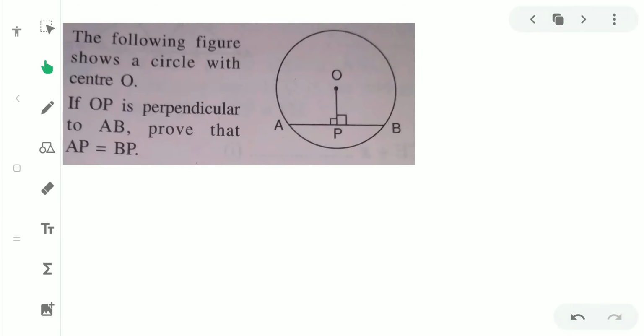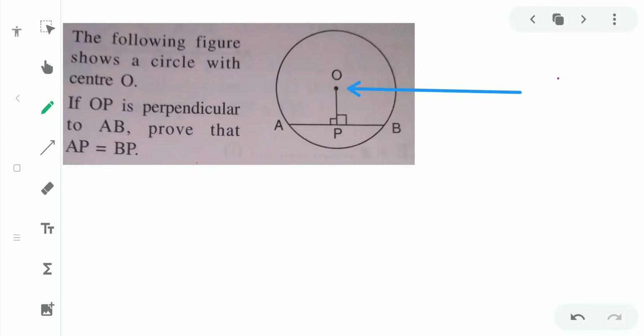So the first question is on your screen. The following figure shows a circle with center O. So this is our center.